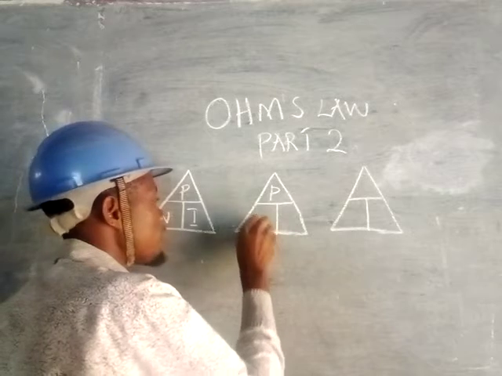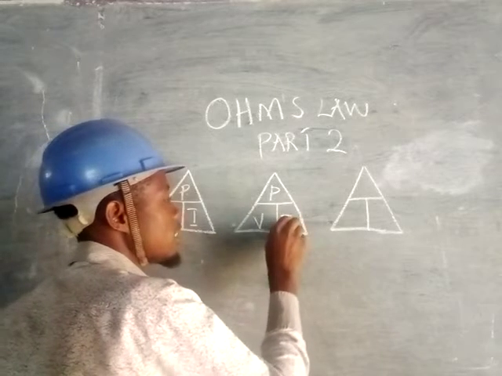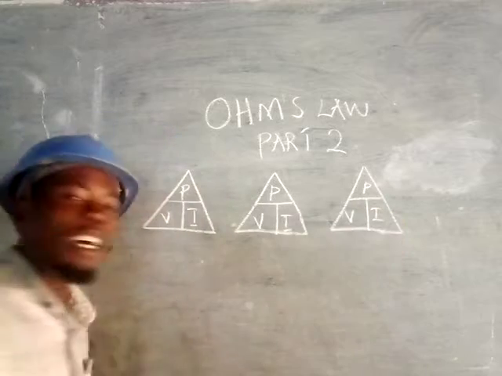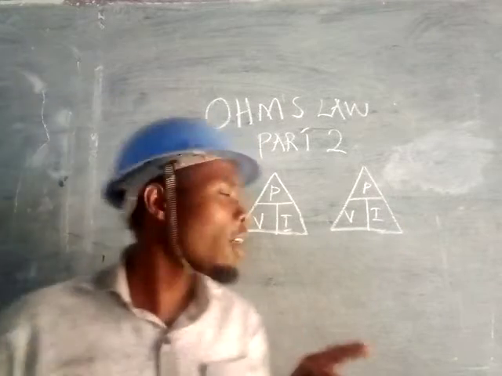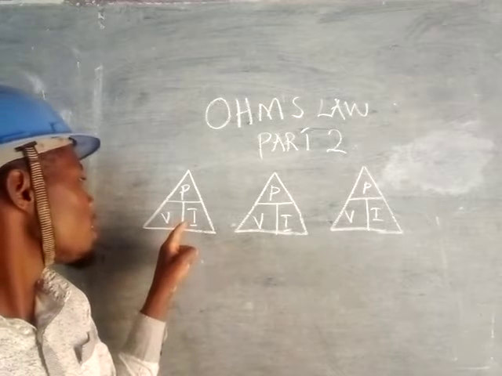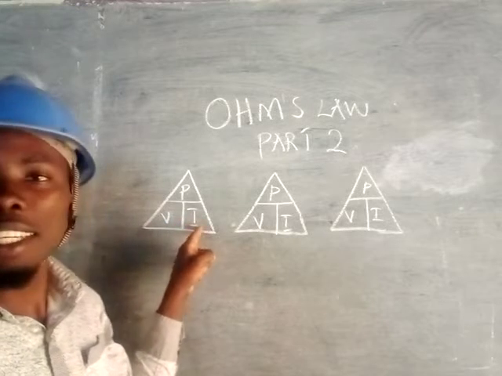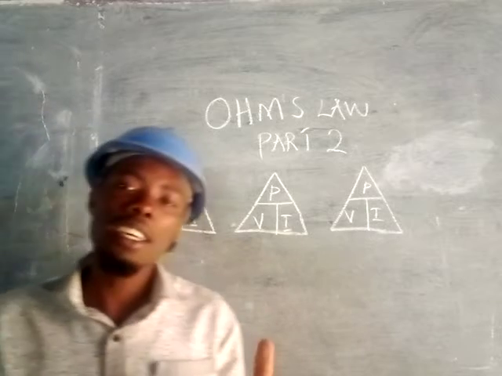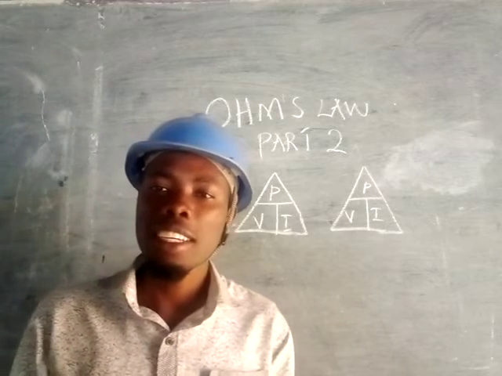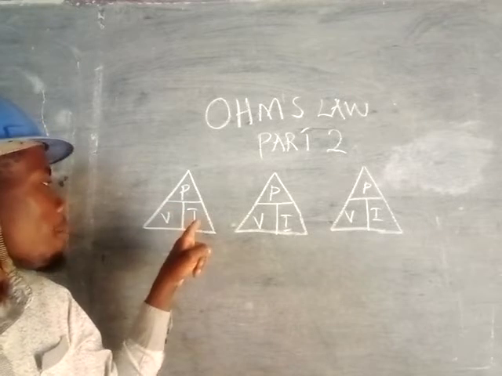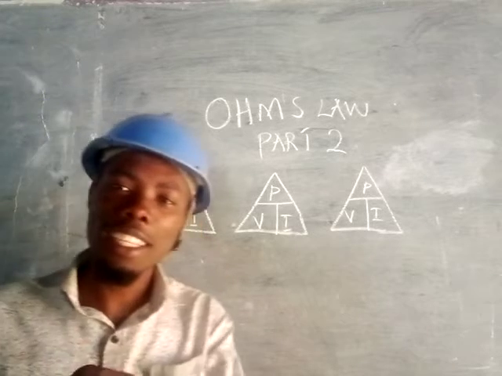In simple terms, power is the product of voltage multiplied by current flowing in the circuit. That is the way you can define power.